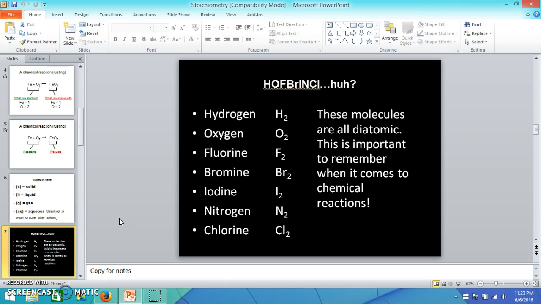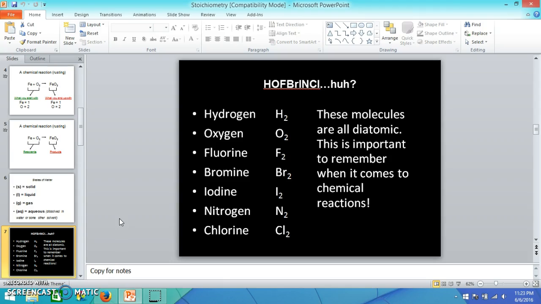So what's kind of confusing about this, the one mistake I see some people make, if they happen to remember Hofbrinkel, is that these elements, of course, are in numerous other compounds. If, for example, you had water, H2O, people might wonder, why is it not H2O2? Because you just said that with Hofbrinkel there should be 2 of each.